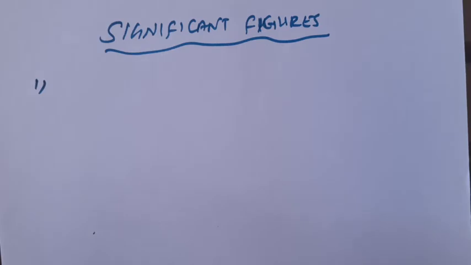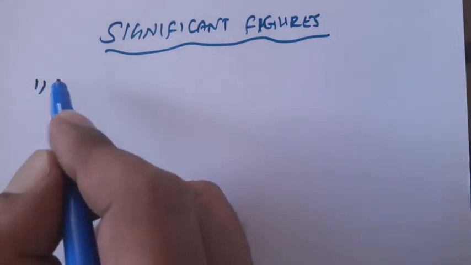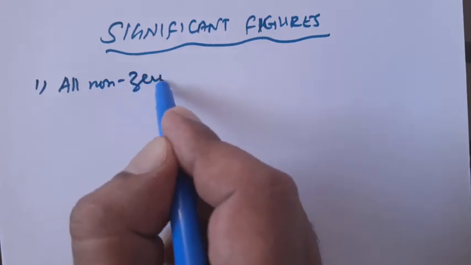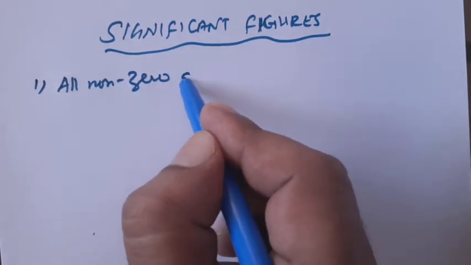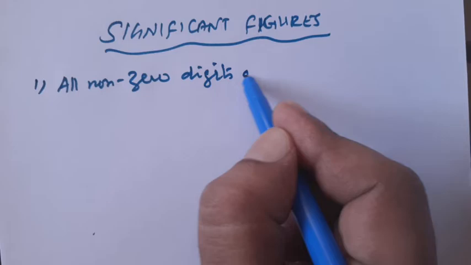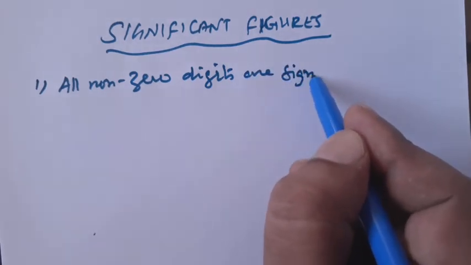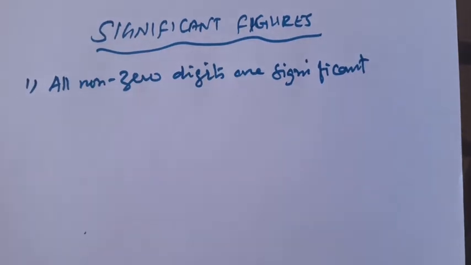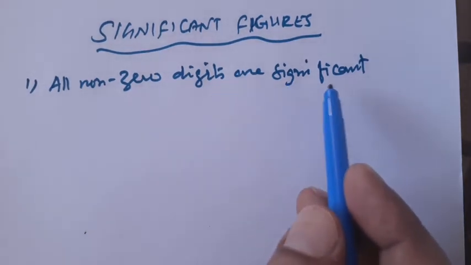So the first and foremost rule is all non-zero digits are significant.